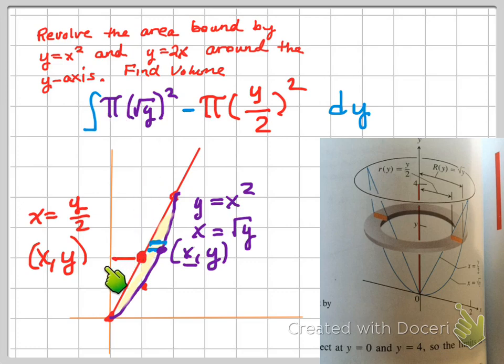I'm going to go from here up to here as far as how I'm going to stack these little rectangles. These rectangles stack horizontally from 0 up to 4 on the y-axis. If I have a dy, I have to use y-axis numbers, so 0 to 4. And now we'll go to the next page to work that out.